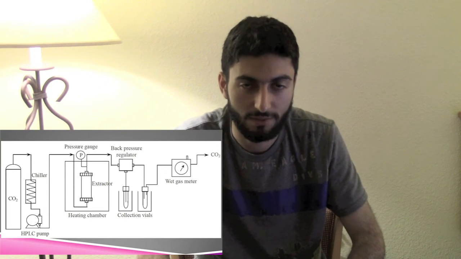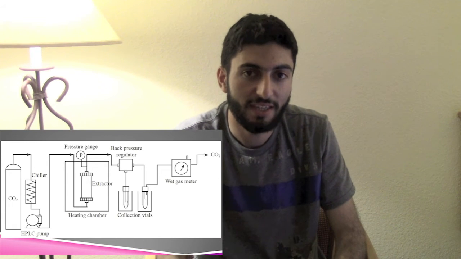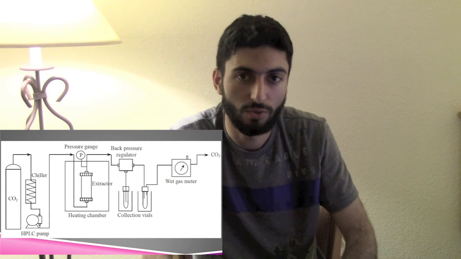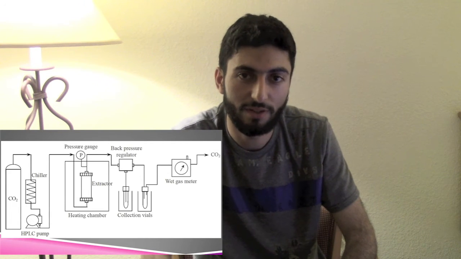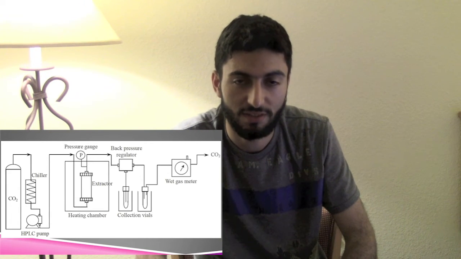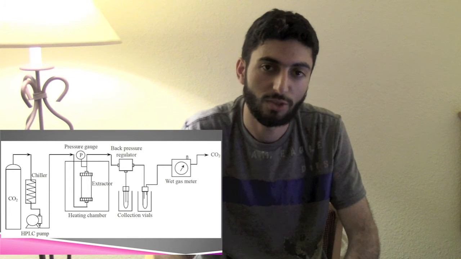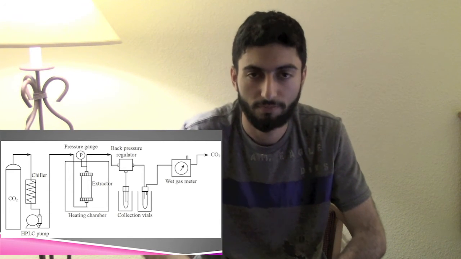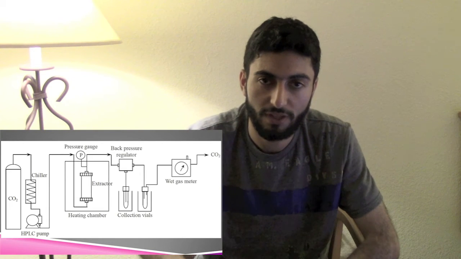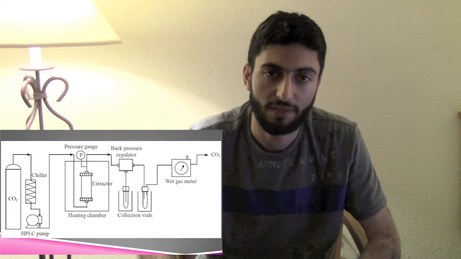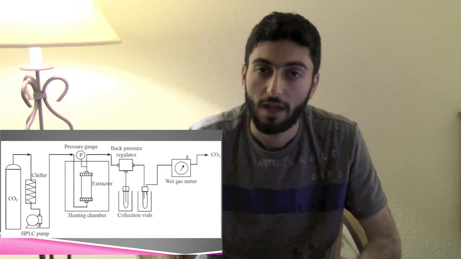And then as it goes into that box that you see, that has the heating chamber and the extractor, the heat will increase the temperature and the pressure to more than 31 degrees Celsius and 74 bar, which will essentially make it a supercritical fluid. And then it will go in the extractor that has the petals, and it will extract the essential oil.